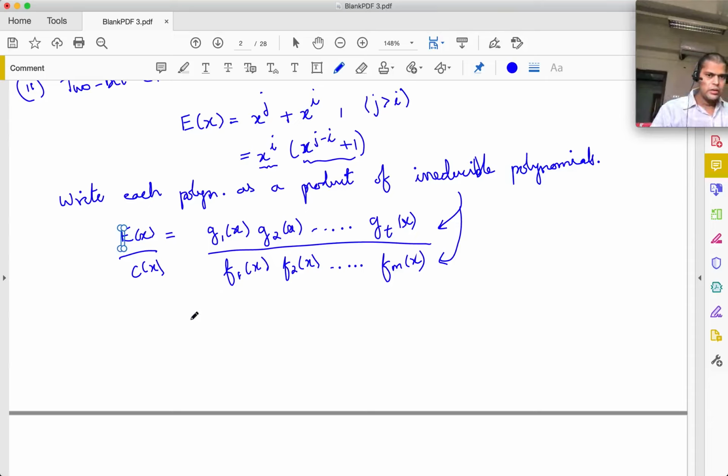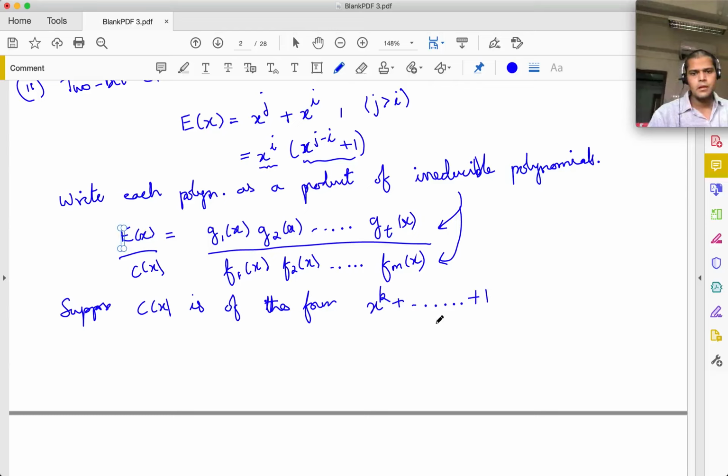So now let's think. Suppose c of x has the form, just like we had in the earlier case, x to the power of k plus something like this plus 1. Now we cannot factor out something like x to the power of I from here, or any factor of x out of here.